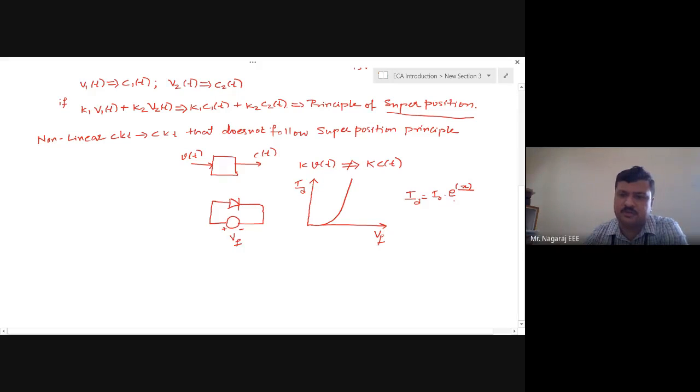Fundamentally, it is an exponential relation, and an exponential relation cannot be a linear relation.